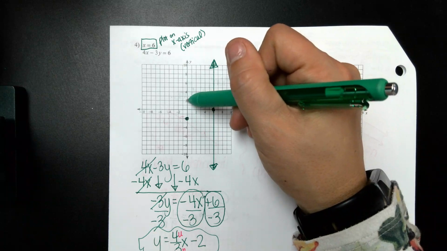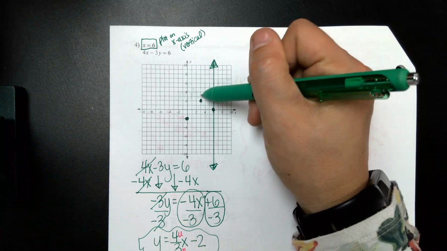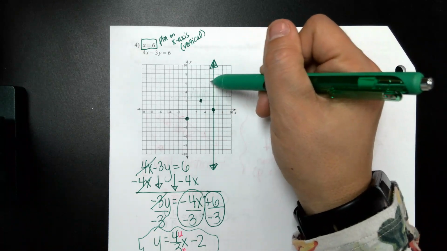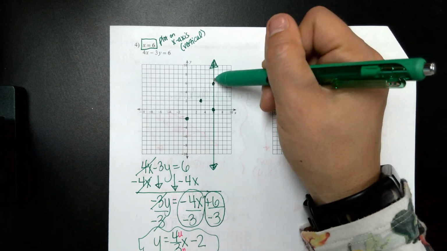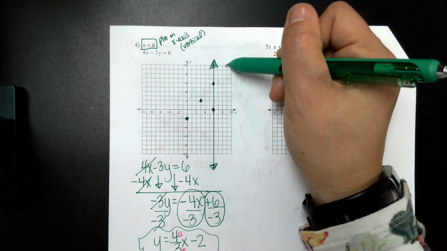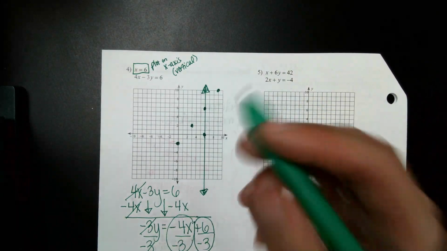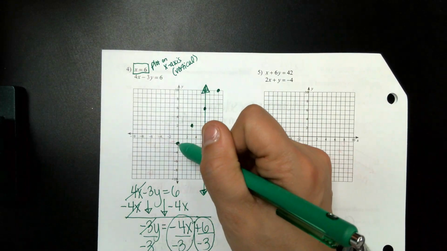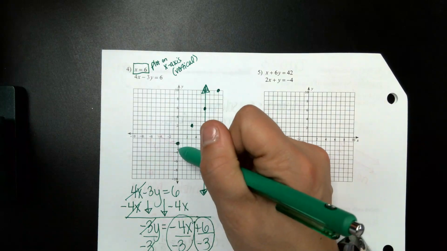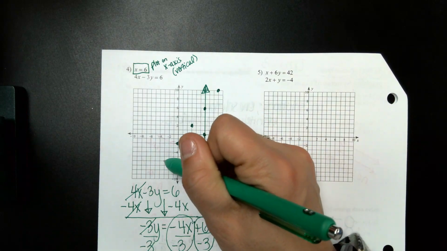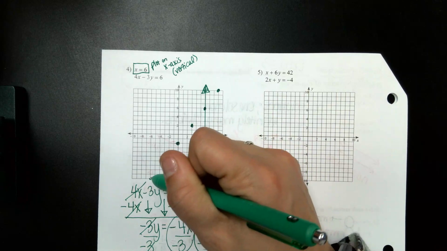One, two, three, four. One, two, three. You can actually keep going until you get to that very top. And then I'm going to go back to my starting point, and go down and left. So down 4, left 3, down 4, left 3.